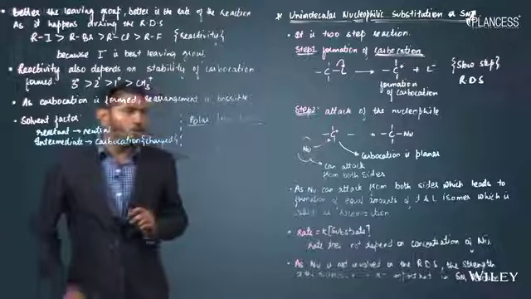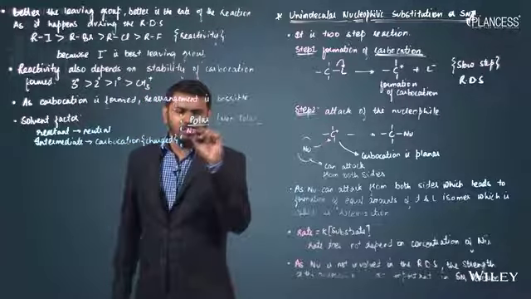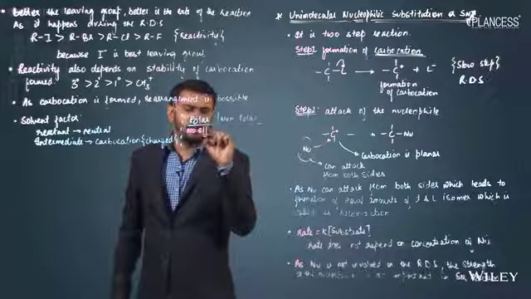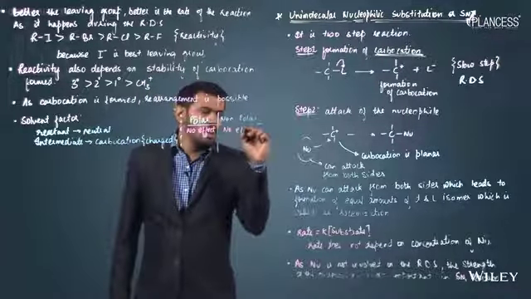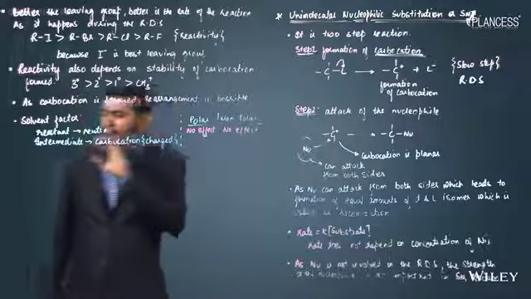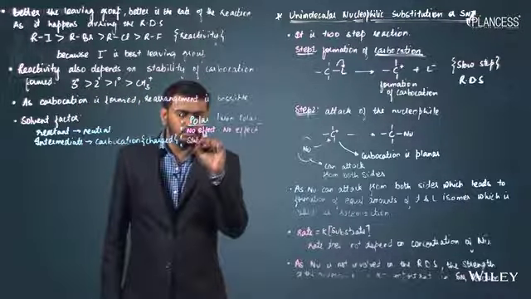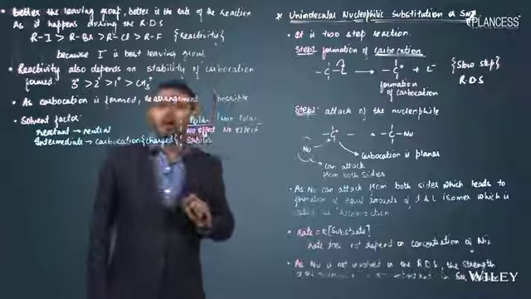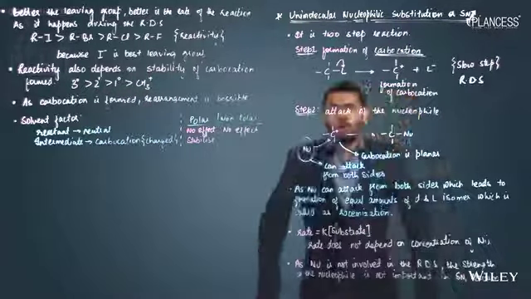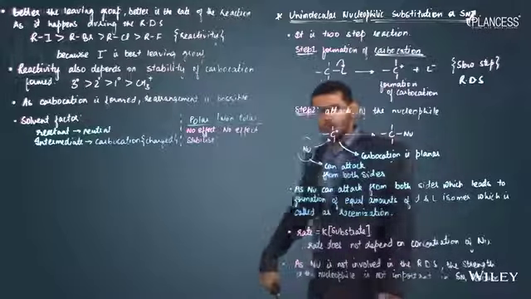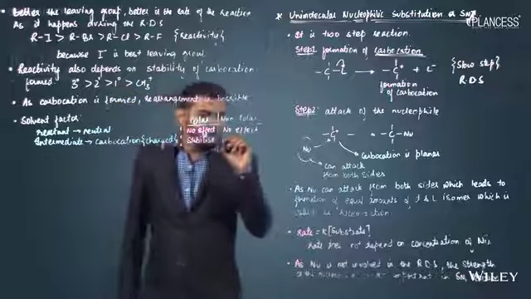Now if I look at the reactant, the polar solvent will have no effect on it, and the non-polar solvent will also have no effect. But if I look at the intermediate, that is the carbocation, the polar solvent, polar protic as well as polar aprotic, is going to stabilize it.